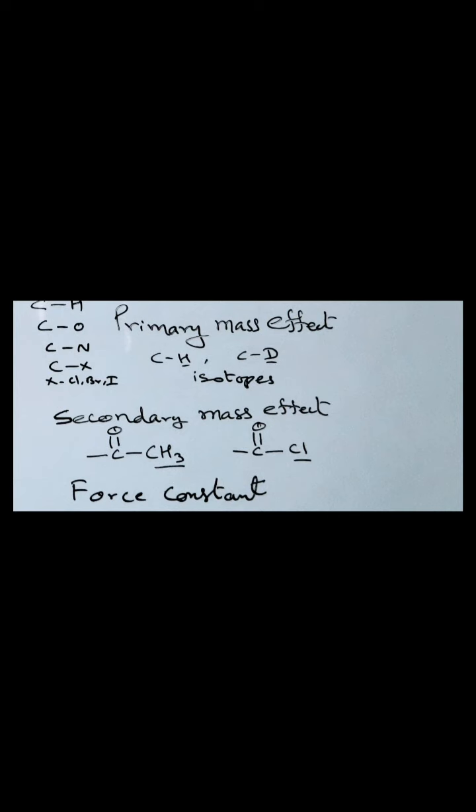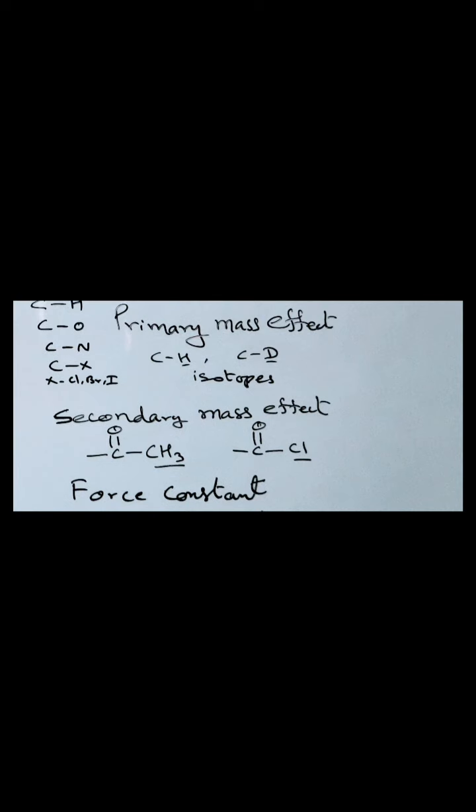So if the mass of the atoms attached to the group for which the frequency of absorption is calculated varies, then the frequency of absorption also varies, and this is called the secondary mass effect.